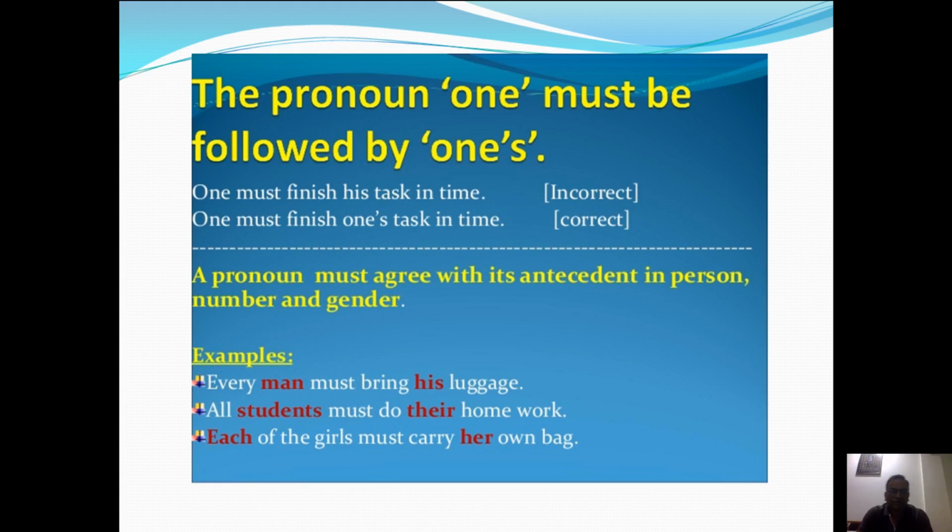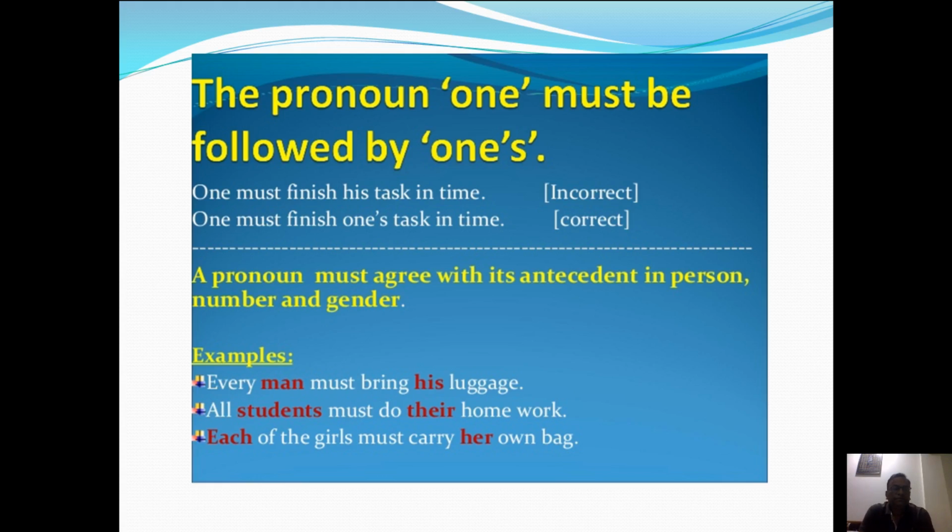When you use the pronoun one, it will always be one. Again, I am telling you to get this point. The pronoun one must be followed by one's. It will not be that one must finish his task in time. It will be one must finish one's task in time.